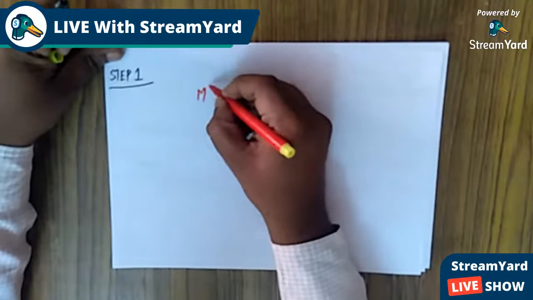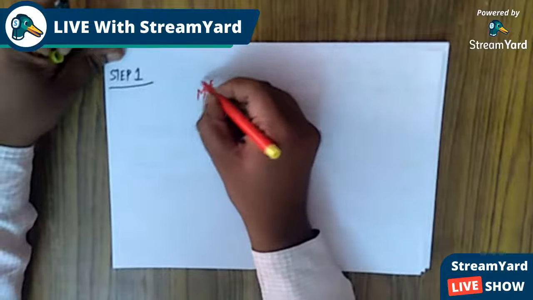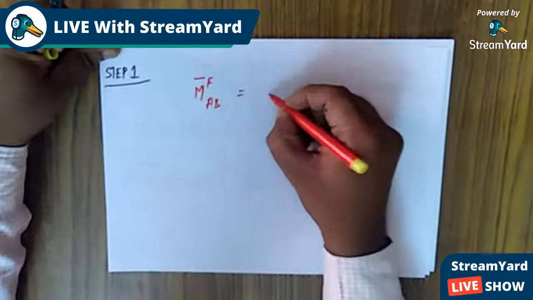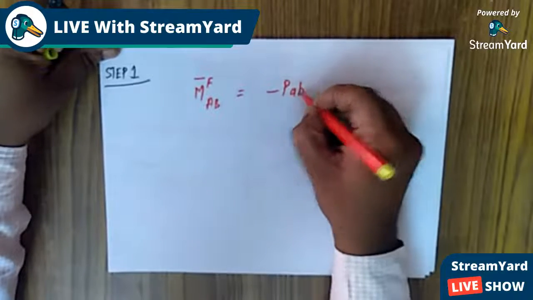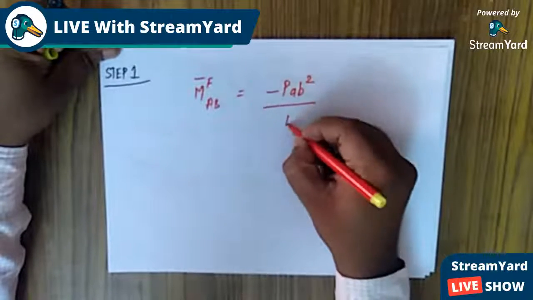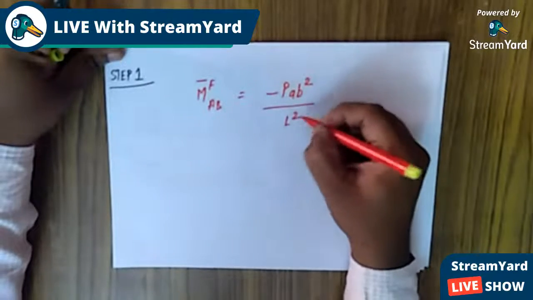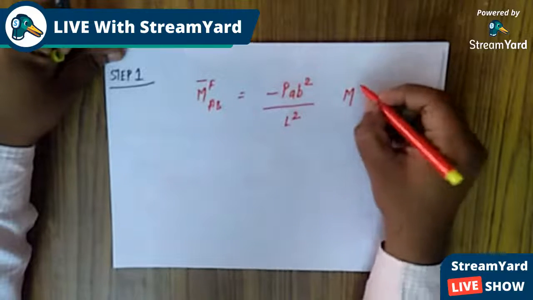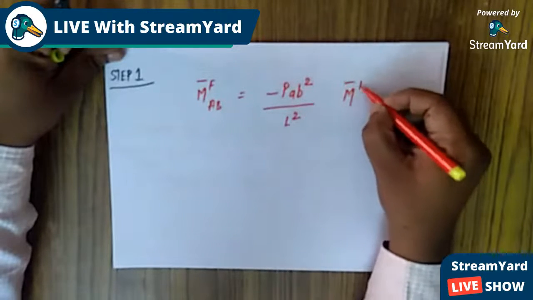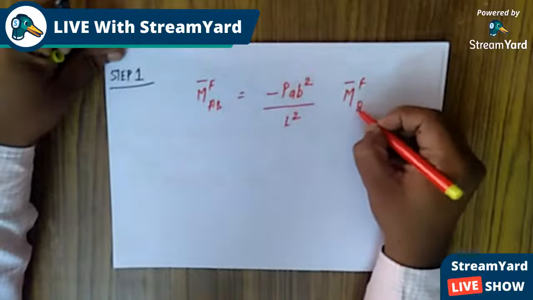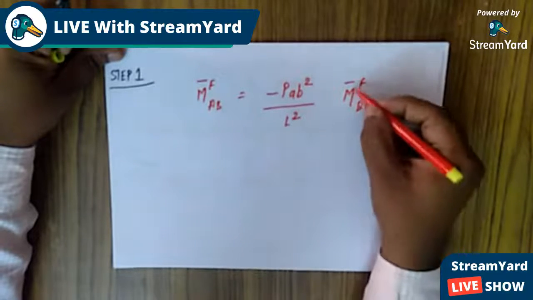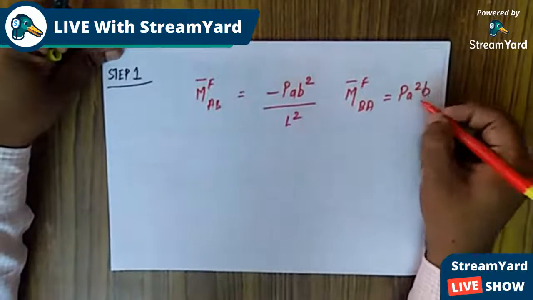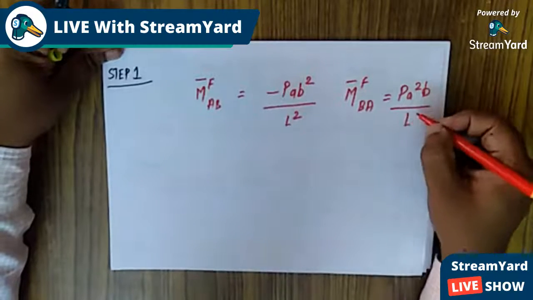So the fixed end moment, which I have denoted as M bar F AB, will be equal to minus P a b square upon L square, where capital L is the length of the span AB, and similarly the fixed end moment developed at joint B, that is M bar F BA, will be equal to P a square b upon L square.